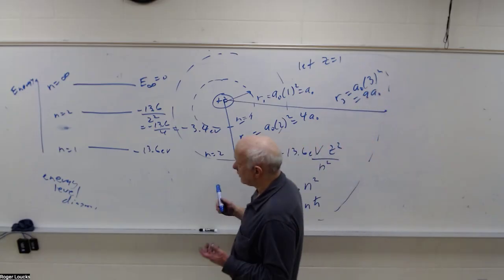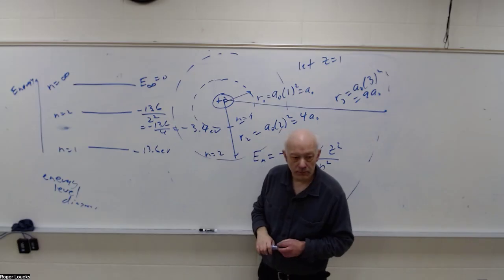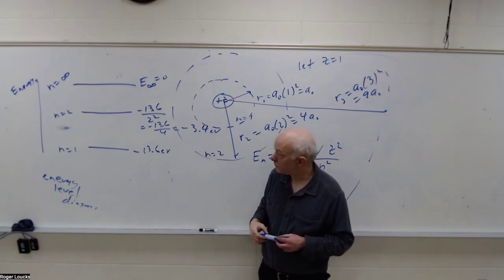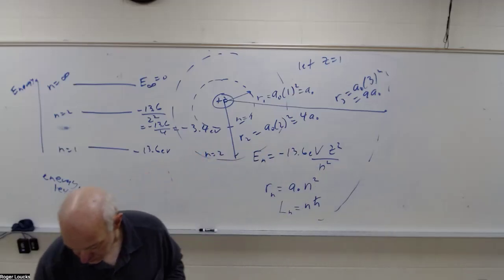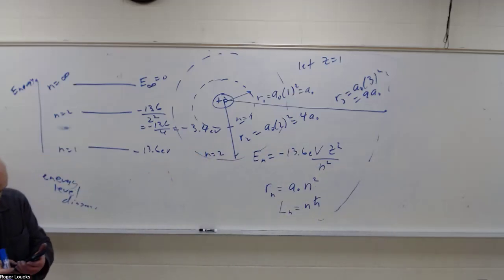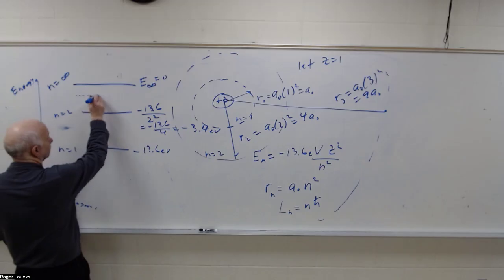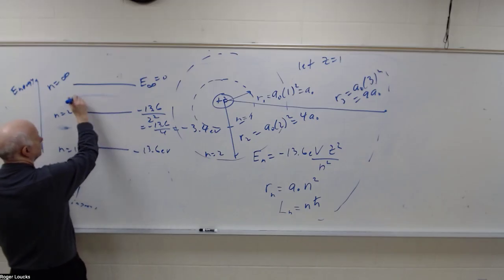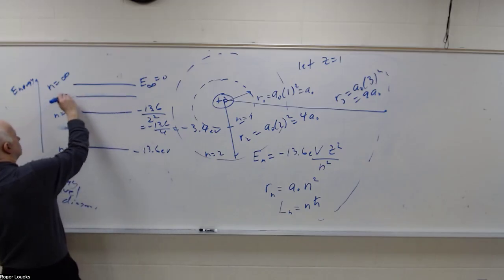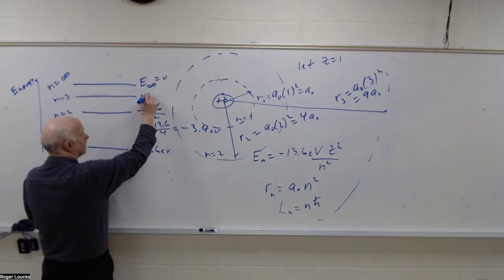Where would this energy be? Let's work it out: 13.6 divided by 9, because 3 squared is 9, gives minus 1.5. So this is n equals 3, my minus 1.5.